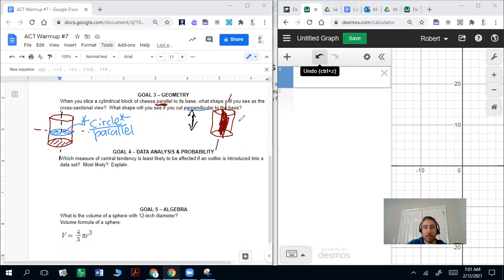So a rectangle is what you have if you go straight up and down. Circle for parallel, rectangle for perpendicular.